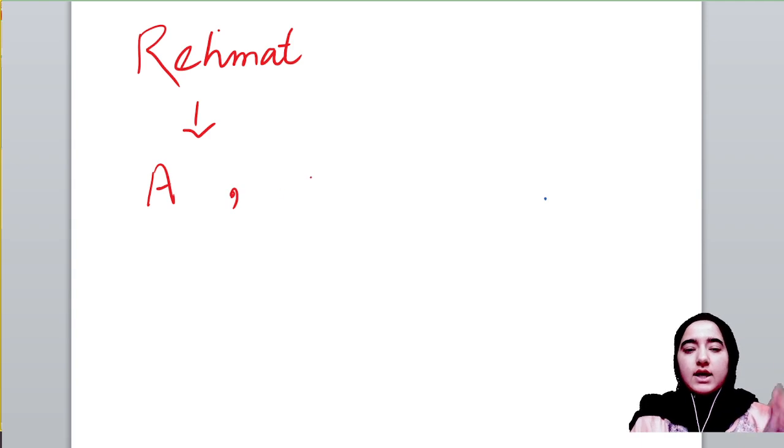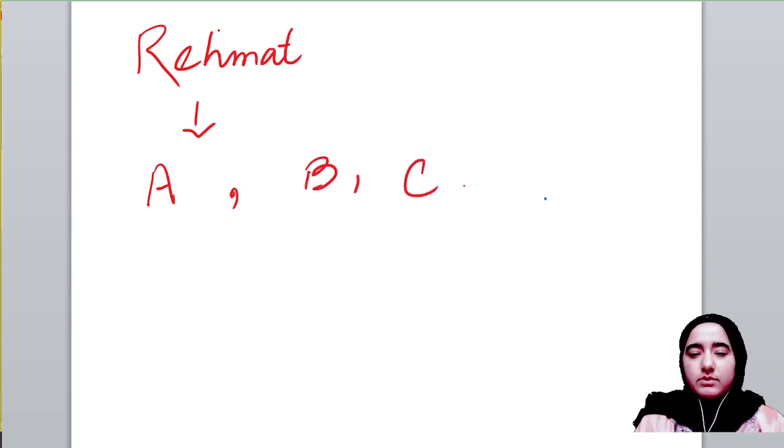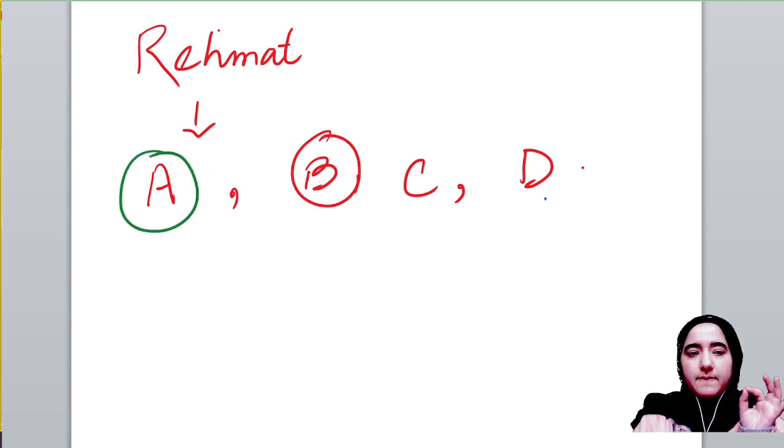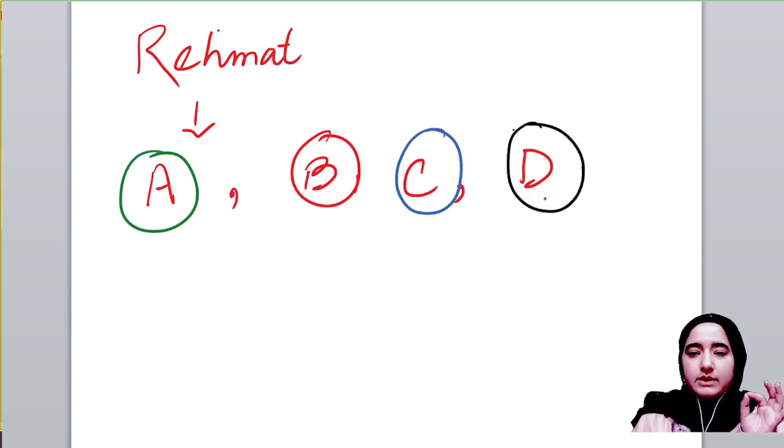Somebody calls me A, somebody calls me B, friends call me C, family calls me D. If they are talking in front of a stranger, with friends calling me B, family calling me A, relatives calling me C, neighbors calling me D, the stranger would get confused. Is this the same person or are they talking about four different persons?